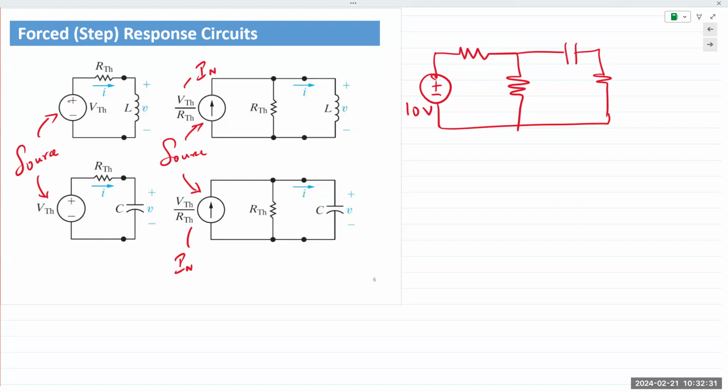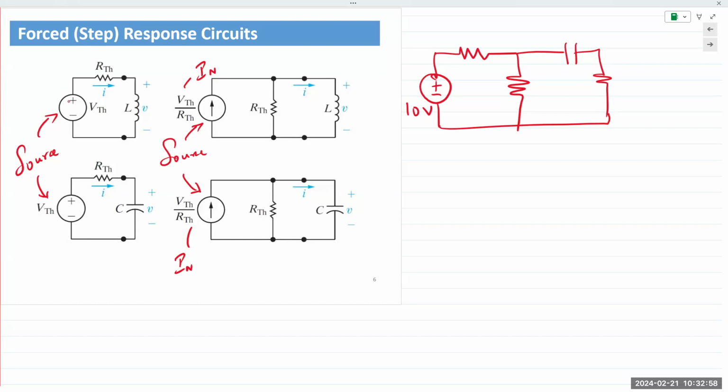If you remember the values, the capacitor was like 0.74, less than 1 volt, because a lot of the voltage was being dropped across the inductor. The point is, if you have a simple circuit with a source, multiple resistors, and one single capacitor, that 10 volts is not directly applied to that component.